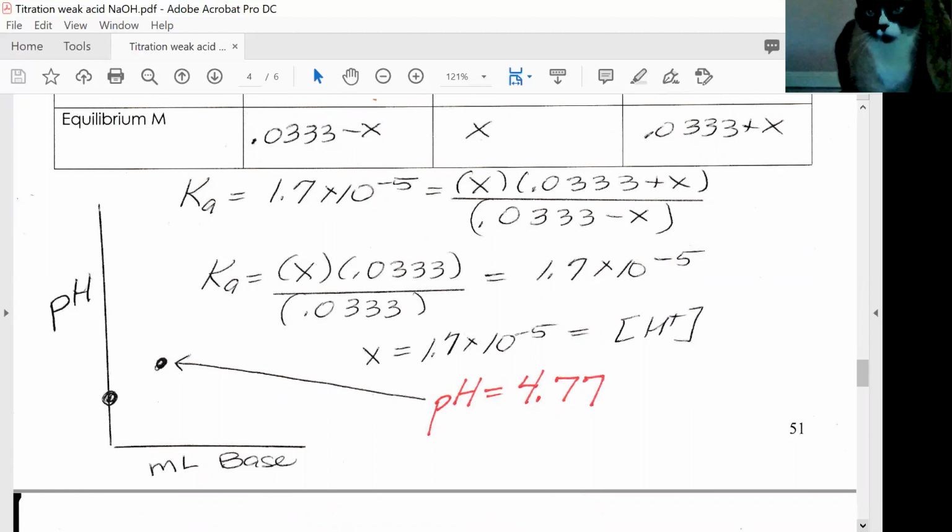We use the pH equation, and we solve for pH. So if we were doing a titration curve, our next value, we have added some base, and our number is going up for our pH.